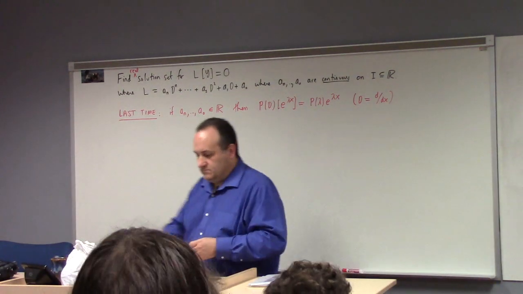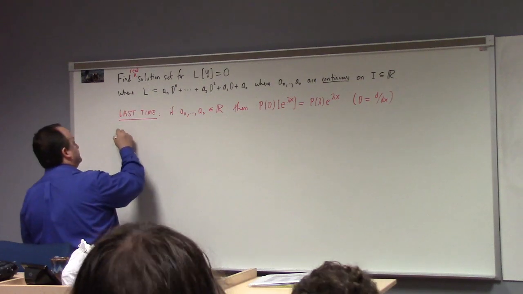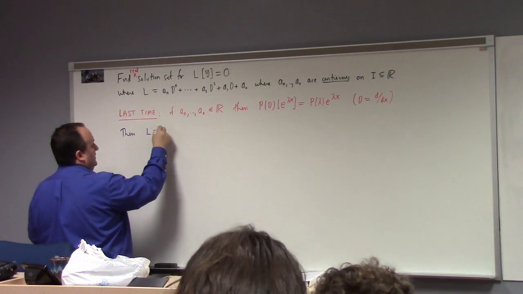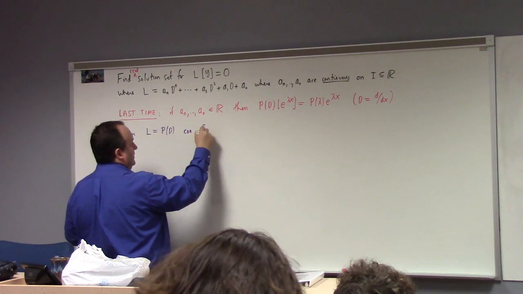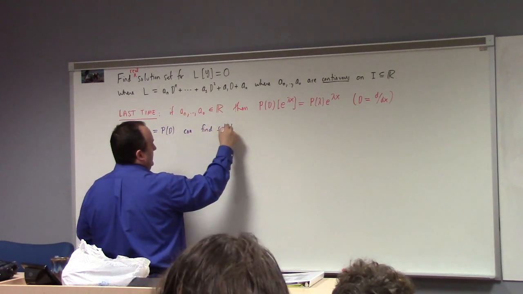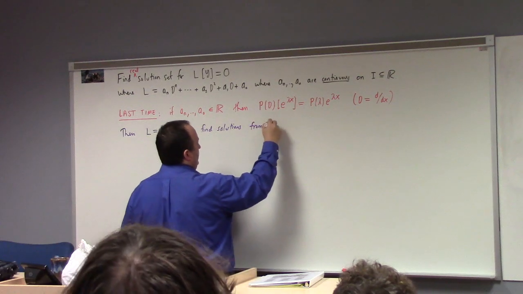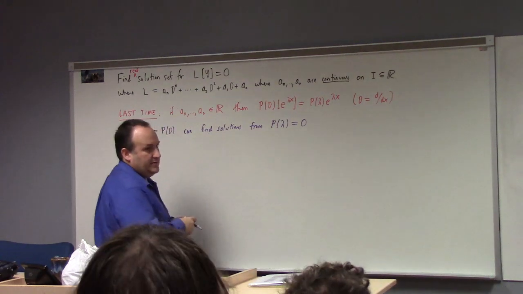Basically for L equal to P of D, we can find solutions from P of lambda equals 0, right?